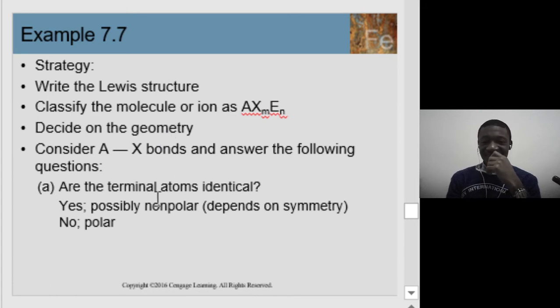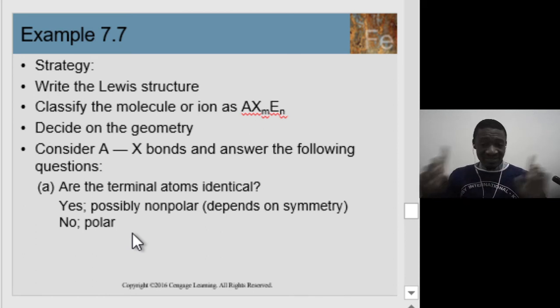So if you notice, we're still using our A, X, and E. You have to first look at the terminal atoms: are they identical? If yes, possibly non-polar. If no, possibly polar. If the terminal atoms are identical, then there's a possibility it can be non-polar.